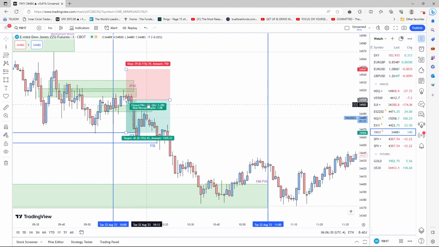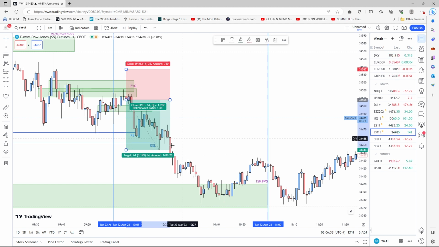So we traded back up into this gap, and then price rallied down lower, clearing this low. That would be 0.19%. You're looking at 0.12 for about 5 handles.